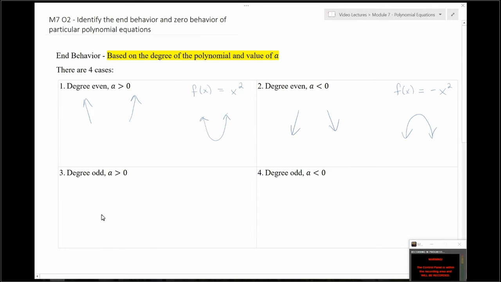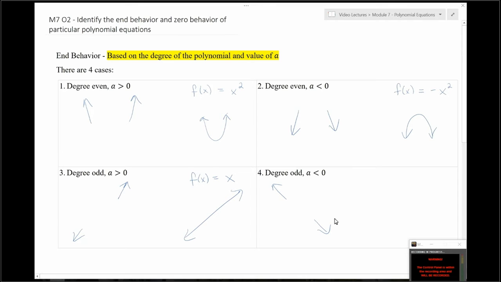Now, if the degree is odd and a is positive, they're going to point in opposite directions. And it's going to look like the most basic function to an odd power, x. And then if the degree is odd and a is negative, the ends will again point in different directions.